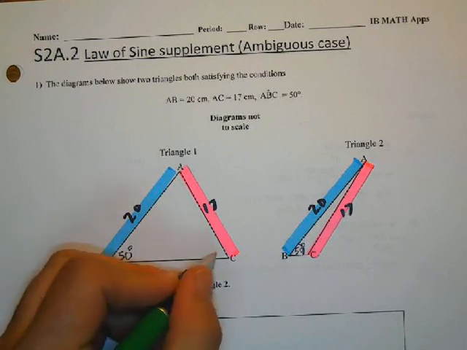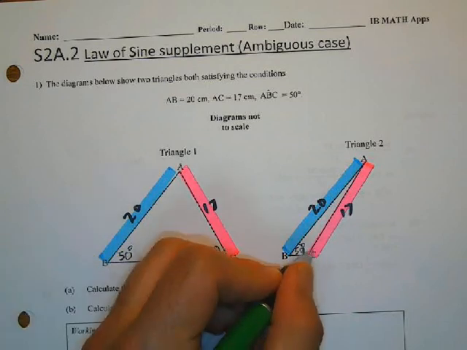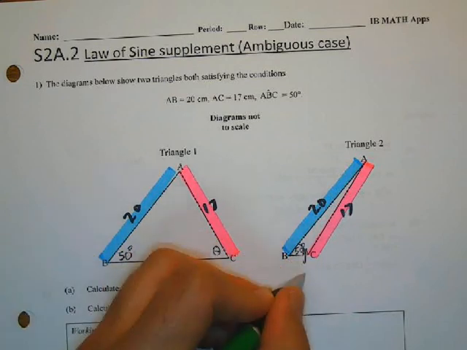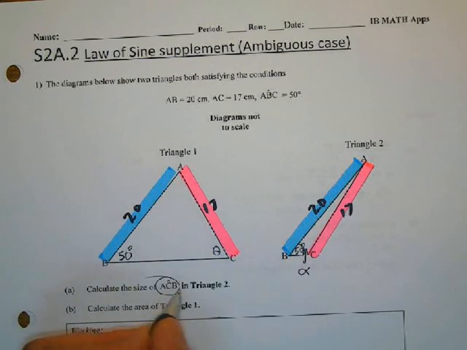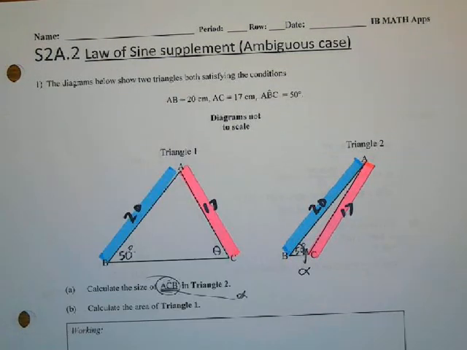So we want to find this angle. Let's call it theta. And we want to find this angle here, and I'm going to call it alpha. We want to solve for angle alpha, but first, let's solve for this one here.